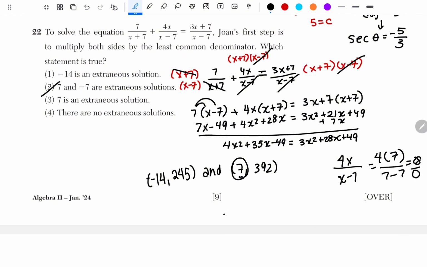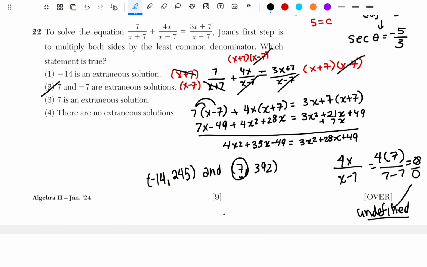But I can't do that because it's undefined. So that means that this solution is extraneous. Because if I put 7 in the base of either 4x divided by x minus 7 or 3x plus 7 divided by x minus 7, I'm going to get an undefined answer, meaning that it's an extraneous solution.